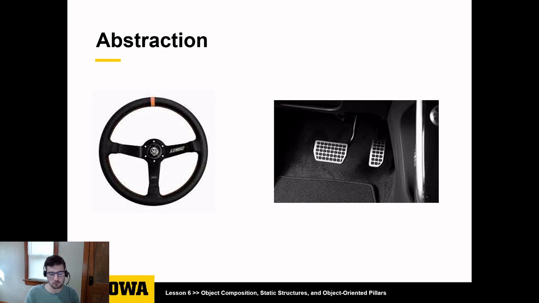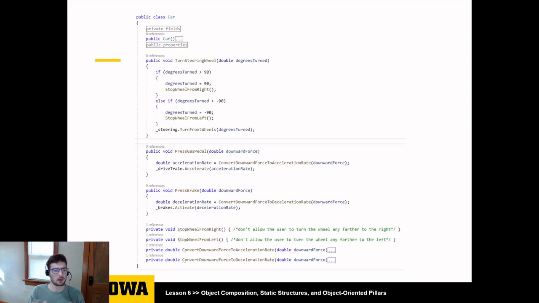So this is our abstraction, and this gives us the interface for interacting with the car without thinking about the underlying complicated details. To say that in C#, we still have our public class car, and here's our interface to interact with the core functionality of the car.